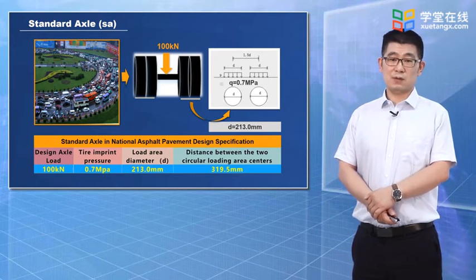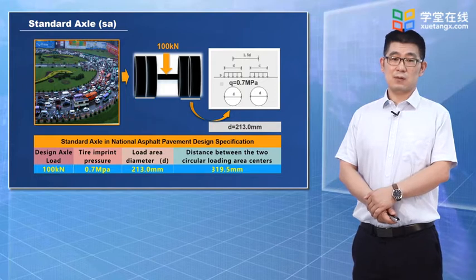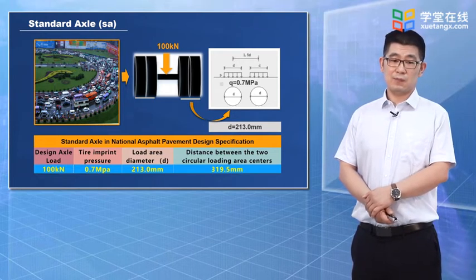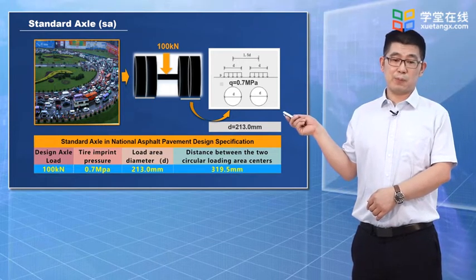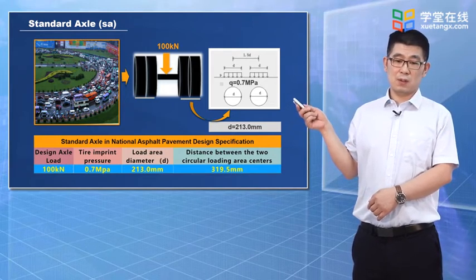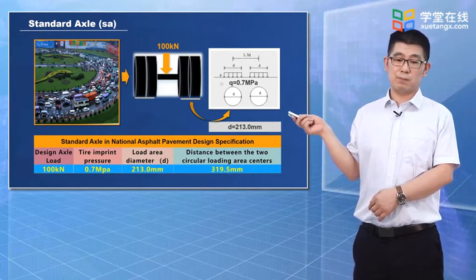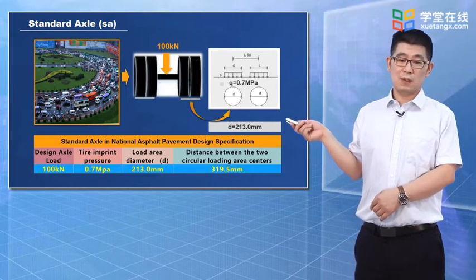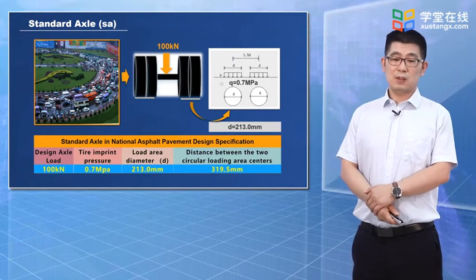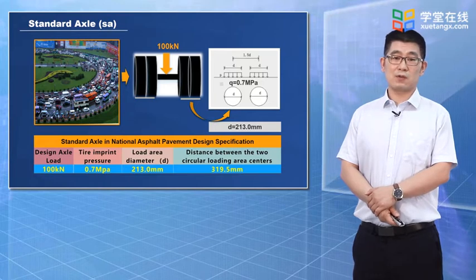In the Chinese specification, the standard axle is a single axle with dual tires. The axle weight is 100 kilonewton, and the tire imprint pressure is 0.7 megapascal. The load area diameter is 213.0 millimeter, and the distance between the two circular loading areas is 319.5 millimeter.